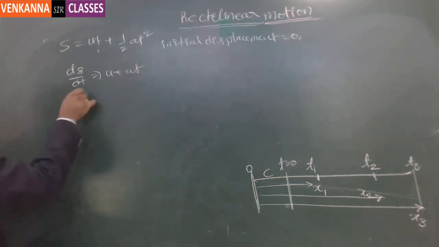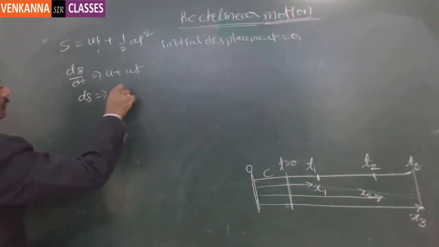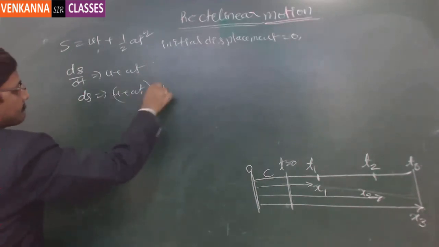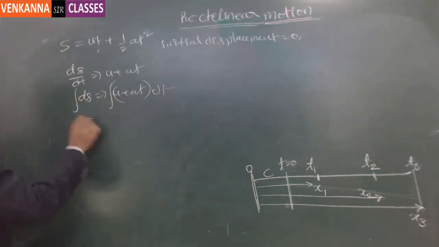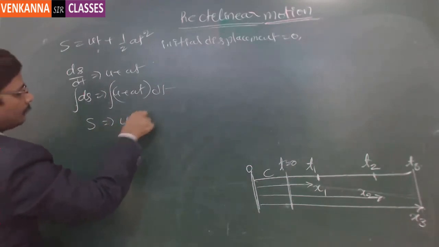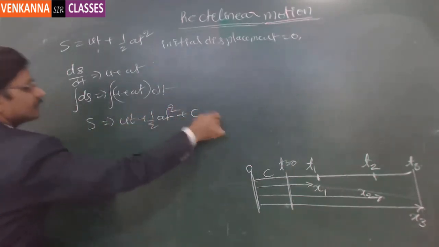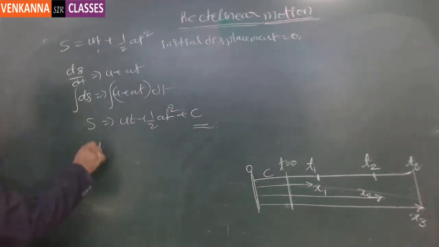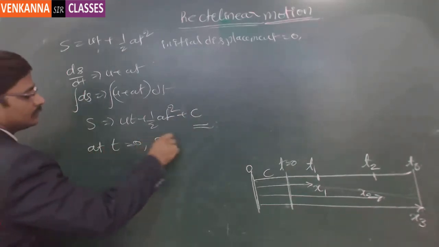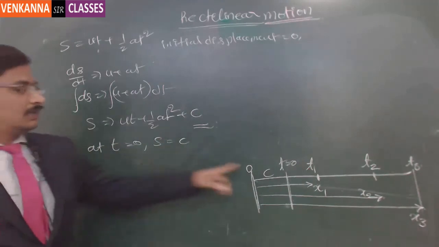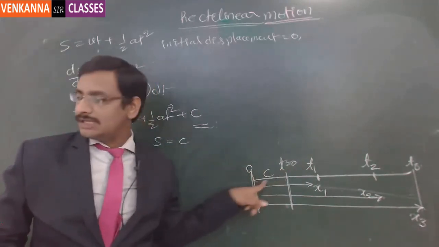Now if you integrate it, ds is equal to u plus at into dt. Integrating on either side, s is equal to ut plus half at square plus c. This plus c is nothing but, at t is equal to 0, s is equal to c, where s is the distance from here to here.